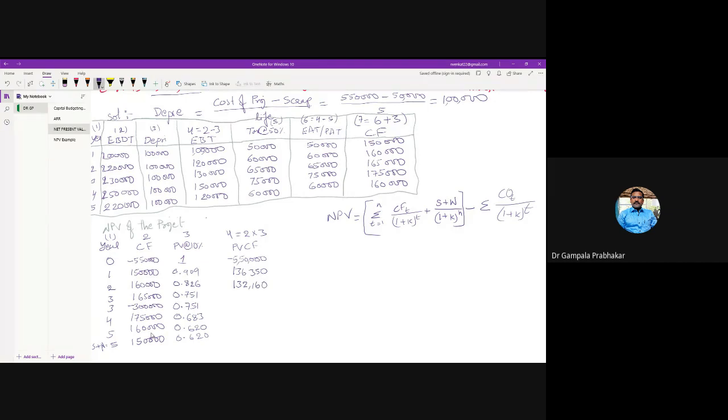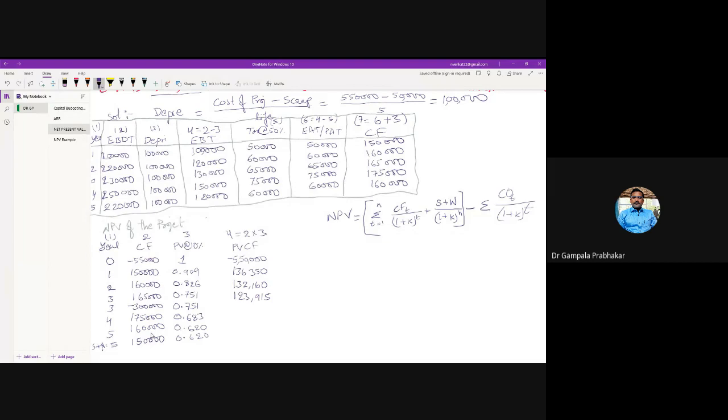Next, 1,65,000 into 0.751, that is 1,23,915.